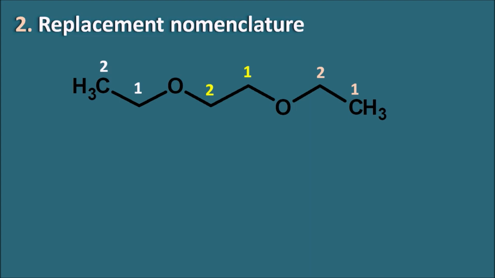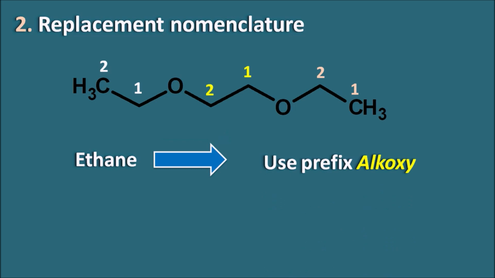Now the parent chain is having the 2 carbons, so it can be called as ethane derivative. Now this ethane is having the side chains which can be indicated by the prefixes alkoxy. So what are the side chains present? This is one of the side chains on one side, and this is the other side chain on the other side. One of the side chains is attached to the first position and another side chain is attached at the second position. What is the name of this alkoxy group at the first position?